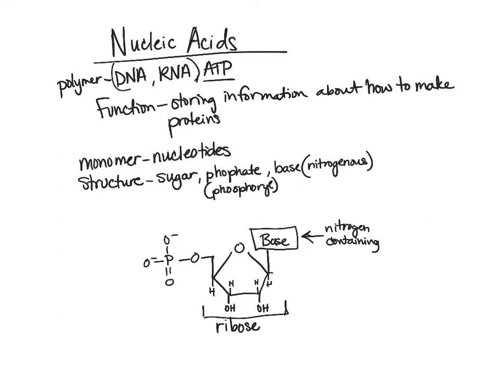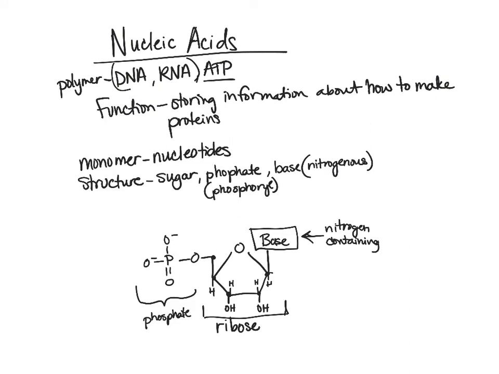Of course, this is a carbon here at the point, carbons on the points, the shorthand there. All right, then we have our phosphate here. So this is the structure of the monomer of our nucleic acids, which is the nucleotide. This is our general nucleotide.